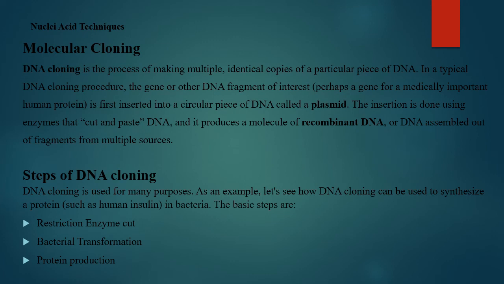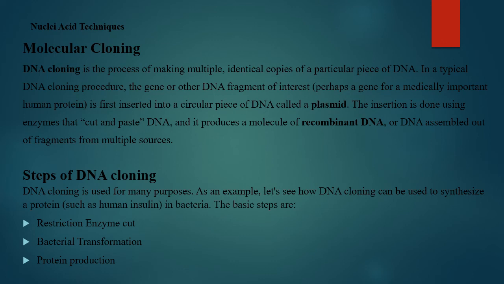The insertion is done using enzymes that cut and paste the DNA, and it produces a molecule which we call a recombinant DNA, or DNA assembled out of fragments from multiple sources. So you bring different DNAs from different sources and you merge them.